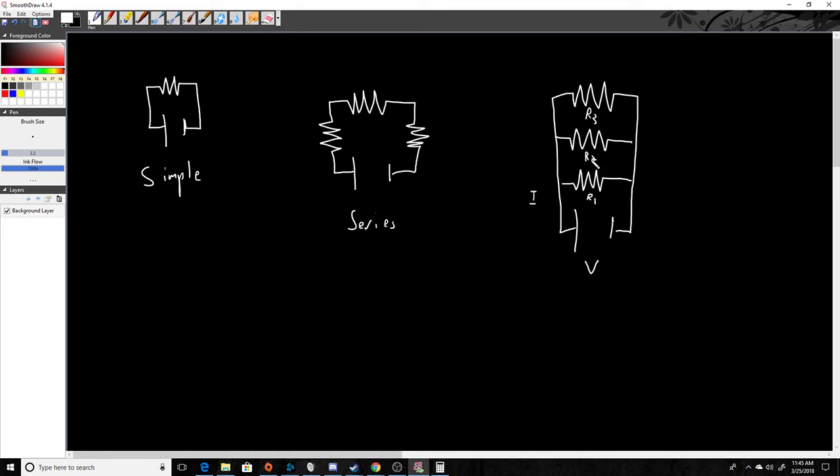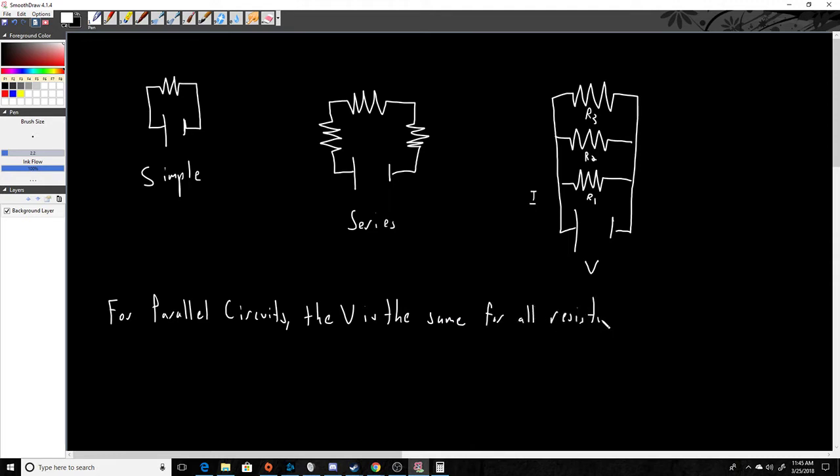Remember with a series circuit, what we said was I was always the same for all resistors. Essentially what we're going to see is for parallel circuits, the voltage is the same for all resistors.